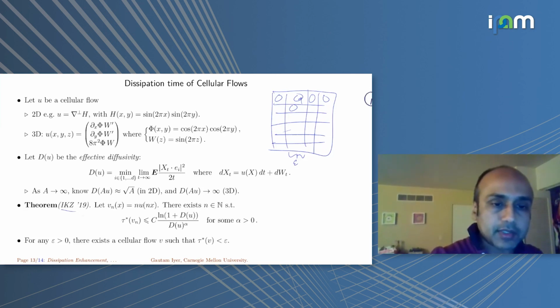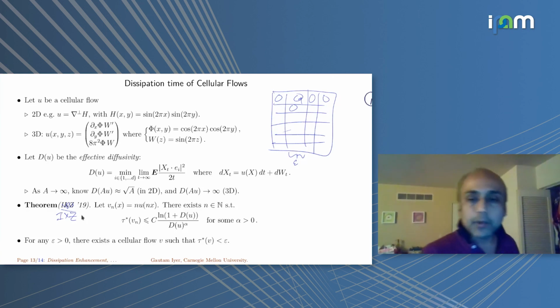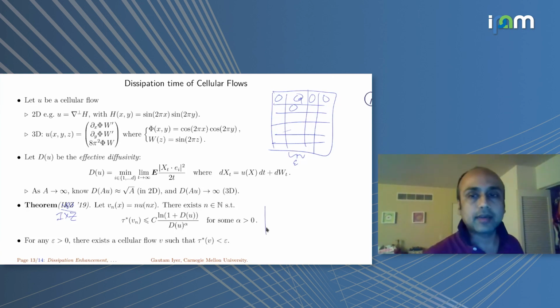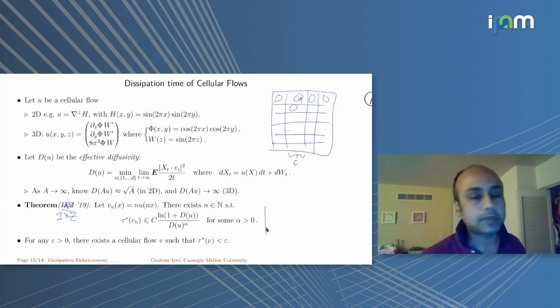Whoops, this should have been Andre, Xiao, and me. The bound is unfortunately not as explicit as I would like. Our final result is that there exists a scaled cellular flow with arbitrarily small dissipation time.